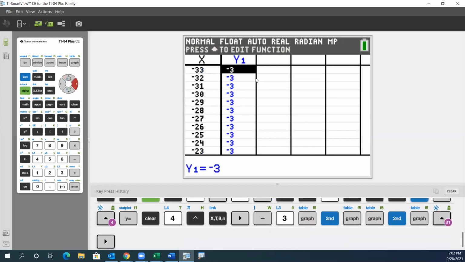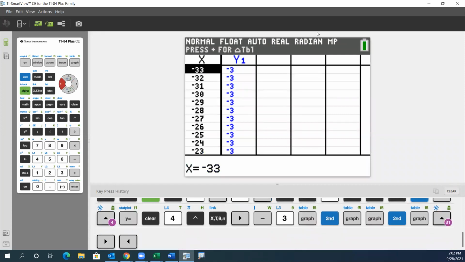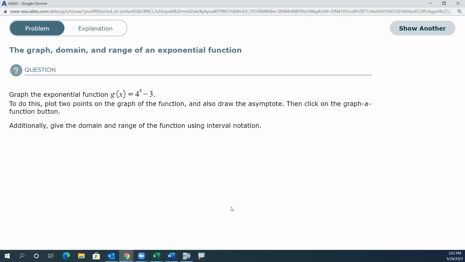Why, yes, -3, as a matter of fact. So they are getting to a height of -3. Therefore, the horizontal asymptote must be y = -3. That settled down to it fast. Wow.